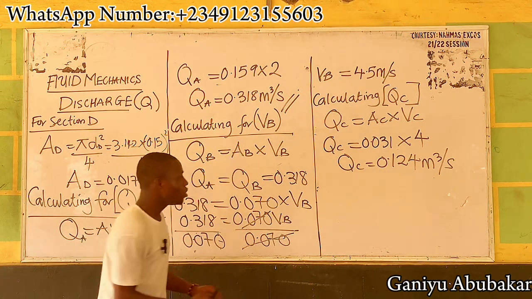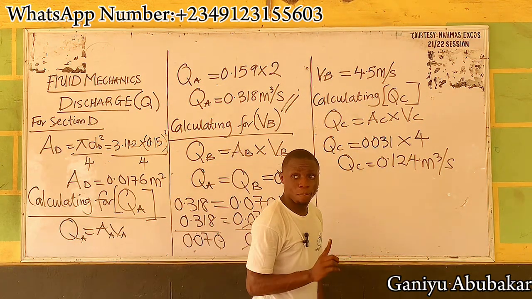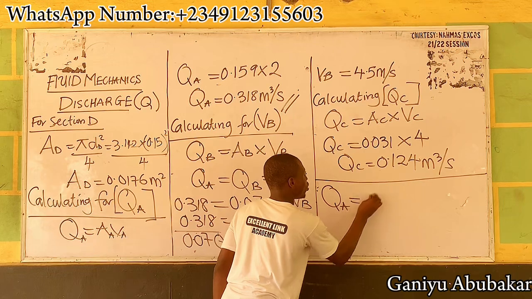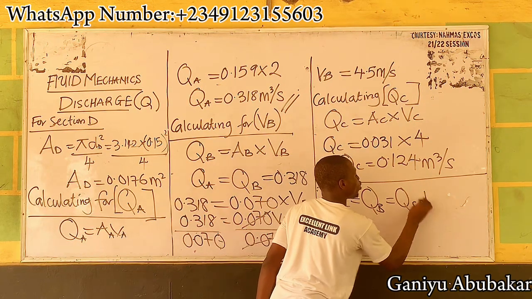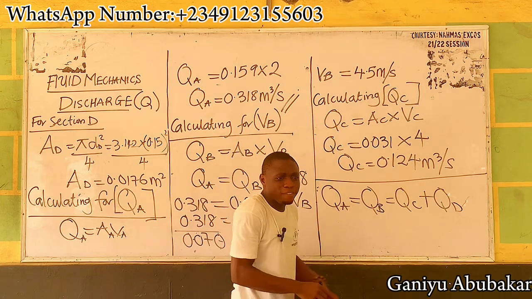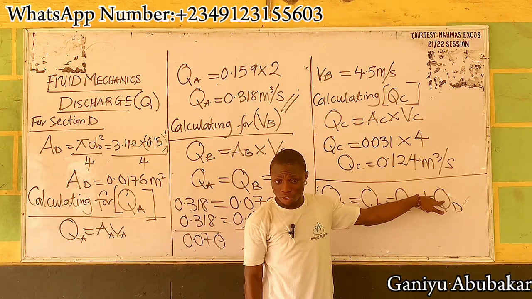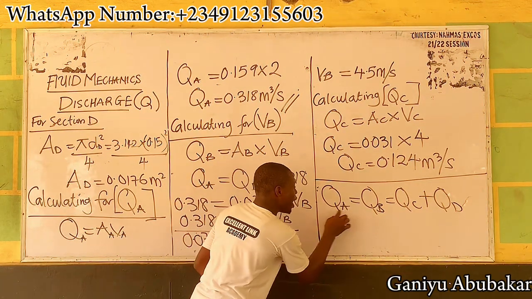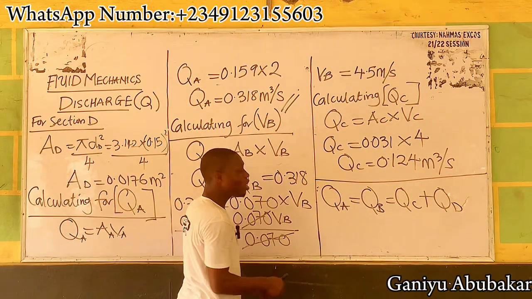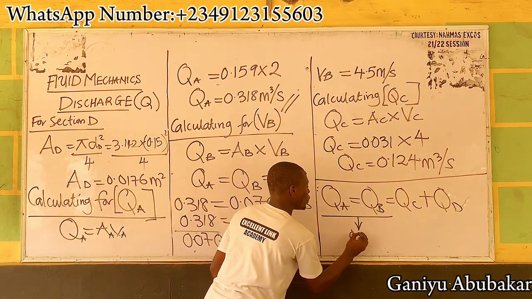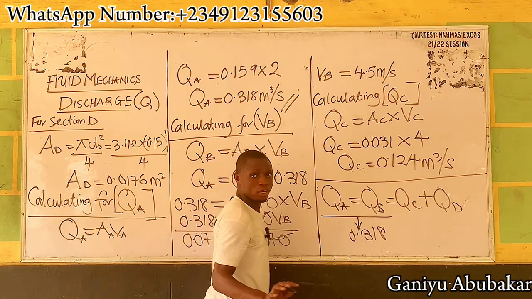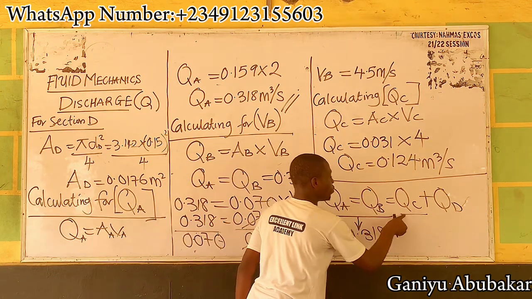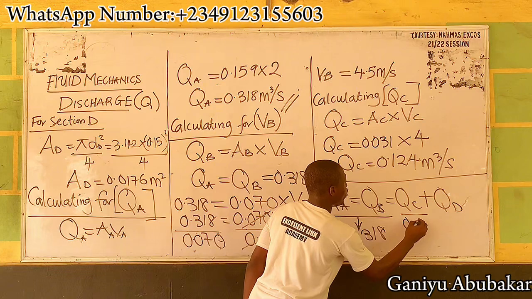Now hold on. Before I can get VD, look up here. We know that QA equals QB, which equals QC plus QD. I can get VD inside QD. QA and QB are the same. What's the value? 0.318. What's QC? 0.124.